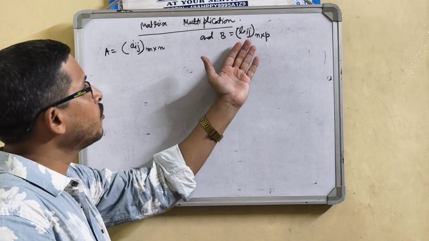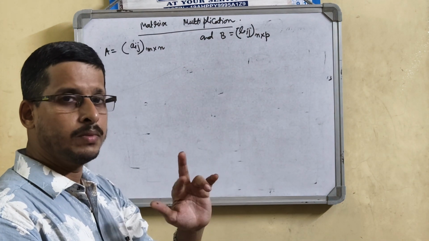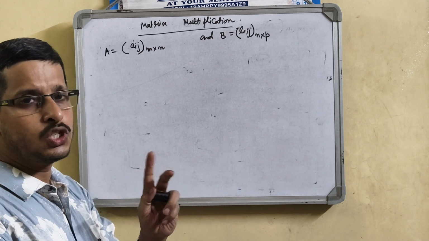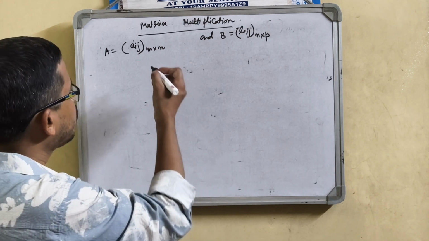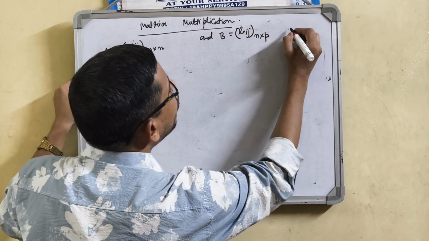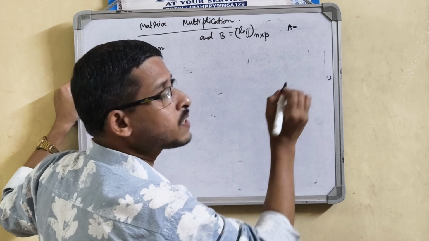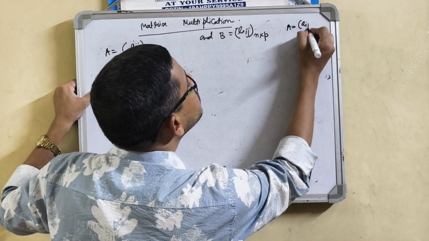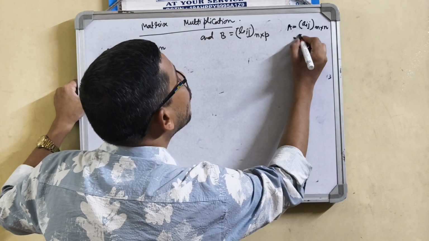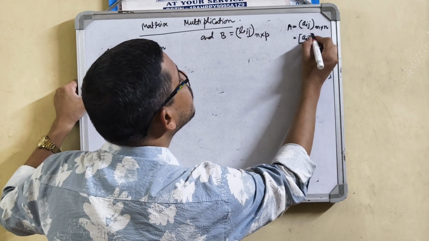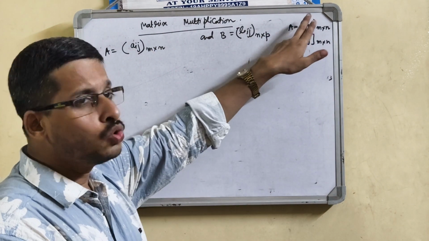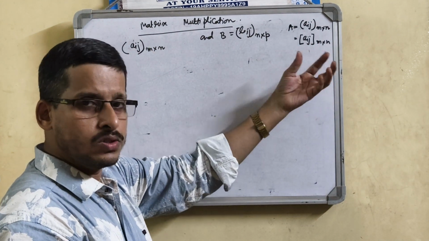So to represent a matrix we may use either notation, first bracket or third bracket. That means for matrix A, that is Aij of order m by n, we may write it with either bracket notation. Among these two representations, we may use any one.